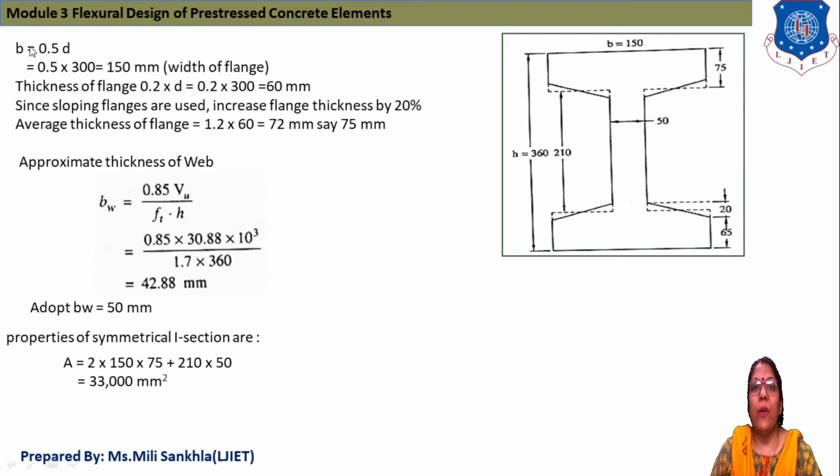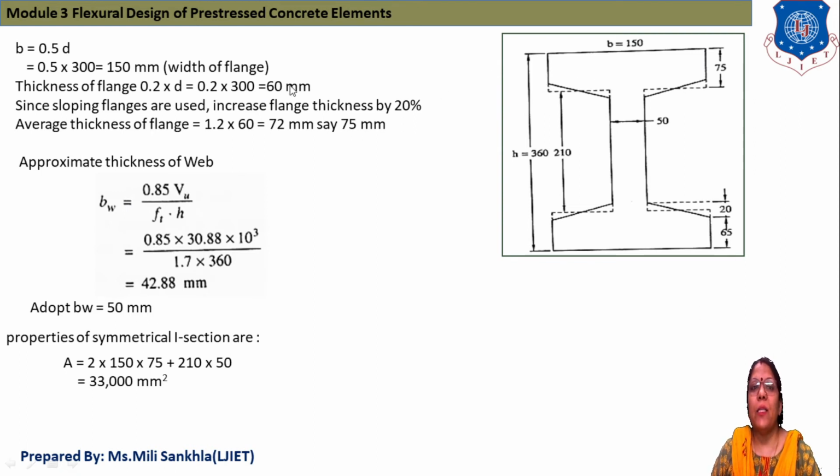Now we assume that width b is equal to 0.5 d. 0.5 of effective depth, we take 300, so 150 mm is the width of flange. Thickness of flange is 0.2 d, 0.2 into 360, this one is the depth of flange.